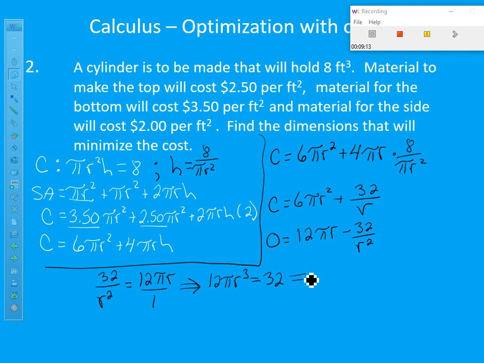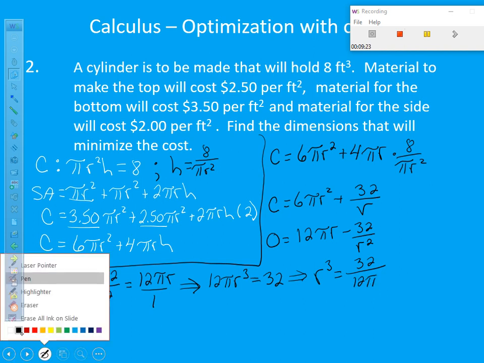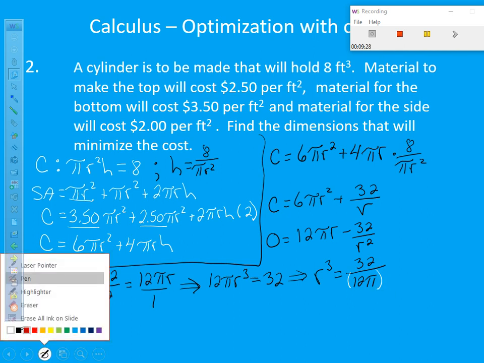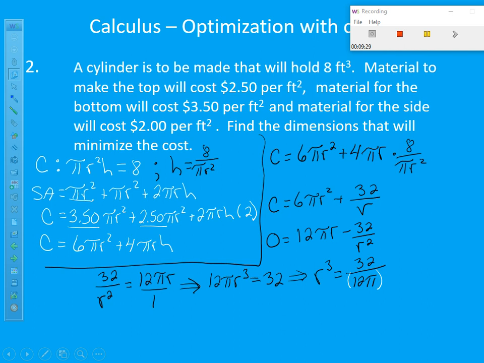Now, to solve this thing for r, be careful. R cubed is going to be 32 divided by 12 pi. When you run that part through your calculator, make sure you put that part in parentheses. If you don't, your calculator is going to move the pi back up. And then after you get done with that, let's take it to the 1/3 power.